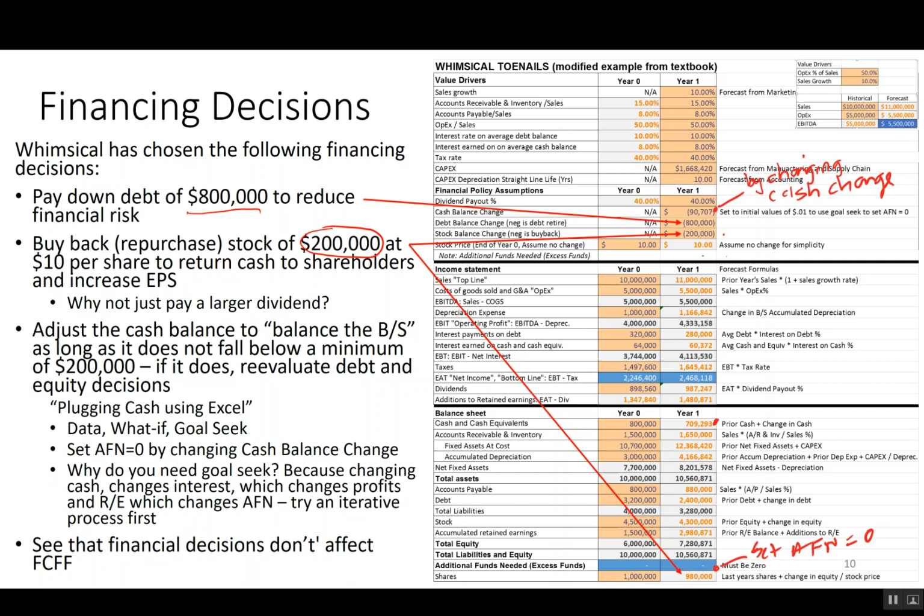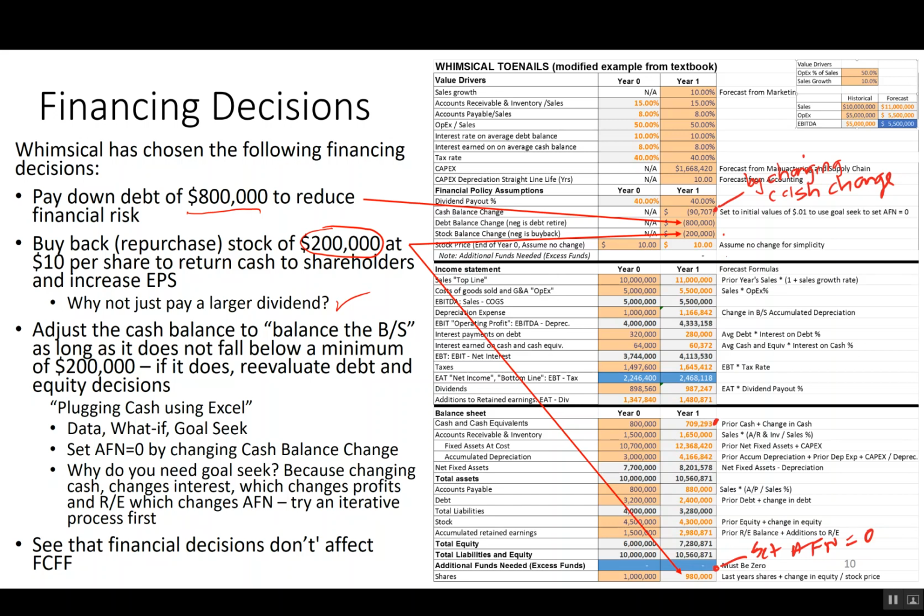The benefit there is the shareholder will get cash. That cash may be a long-term capital gain, which is taxed at a relatively low rate, and that would be beneficial compared to maybe paying dividends. So the benefit of a buyback versus paying a bigger dividend is that with a buyback, the shareholder decides whether they'd like to get the cash. Also, they can avoid paying high taxes on dividends.